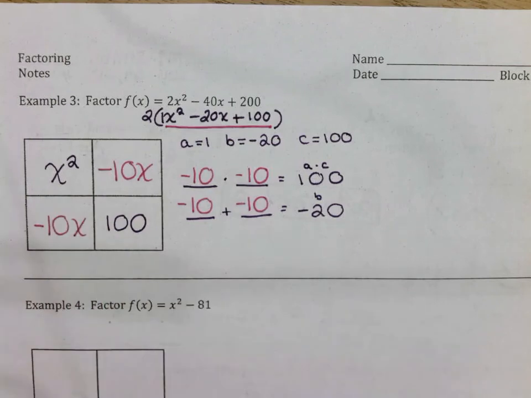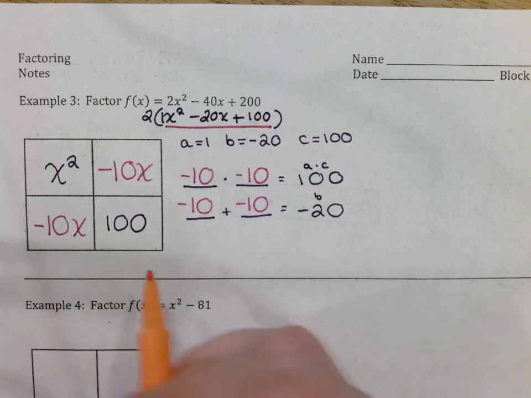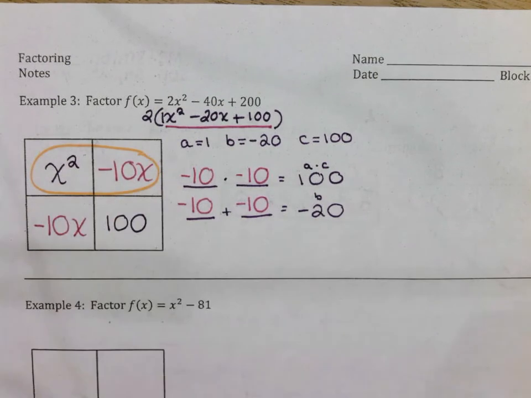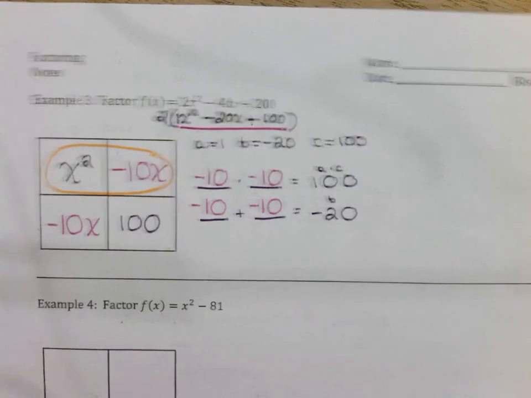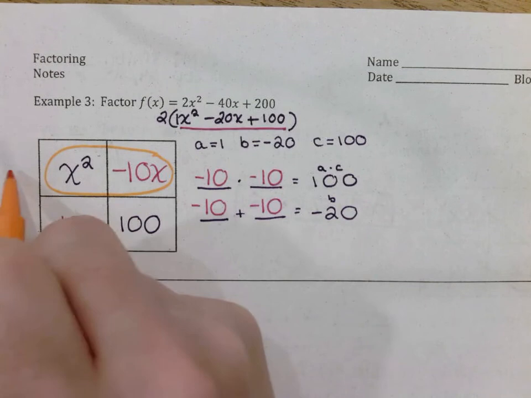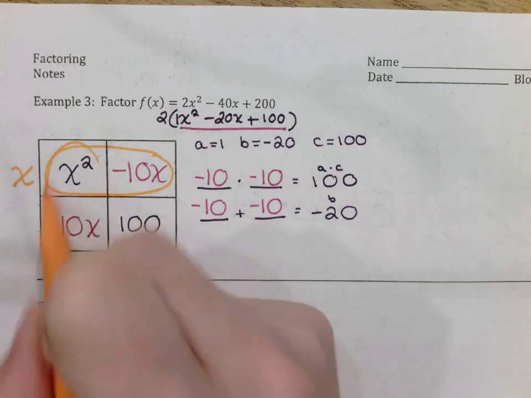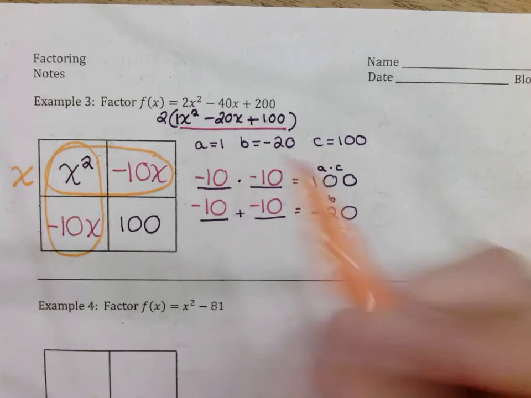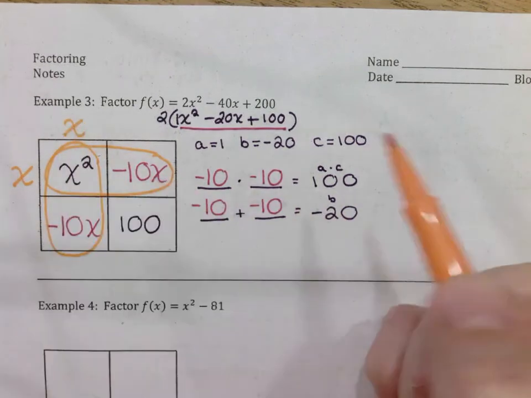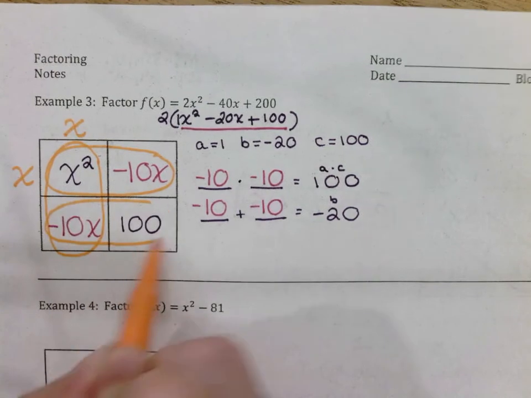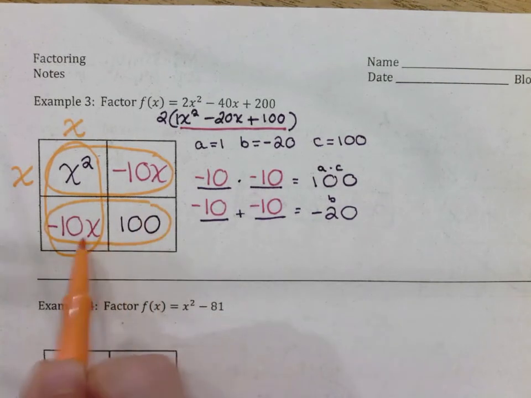And then the last step is we have to unpack the box using GCF. And it doesn't matter where I start. I can start with these two. The greatest common factor between these two is just x. So I'll put an x right here. Greatest common factor between these two is x. You can put that there. Between these two is 10.